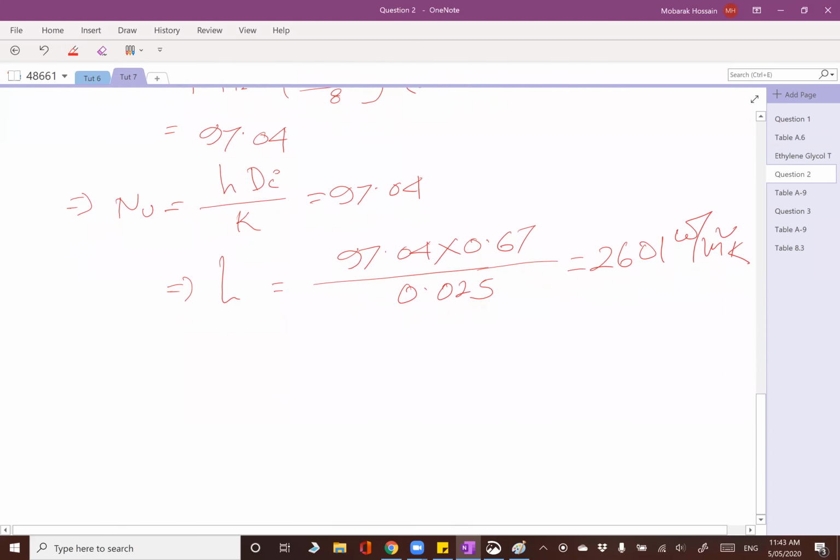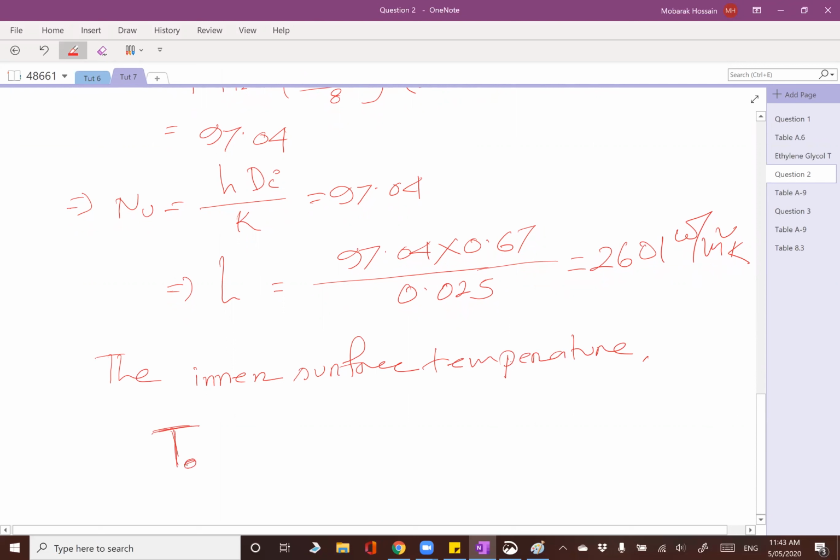Now we can calculate the inner surface temperature from this equation: the outlet temperature minus the inner surface temperature, over the inlet temperature minus the inner surface temperature, equals the exponential of negative h times As over mass flow rate times Cp.